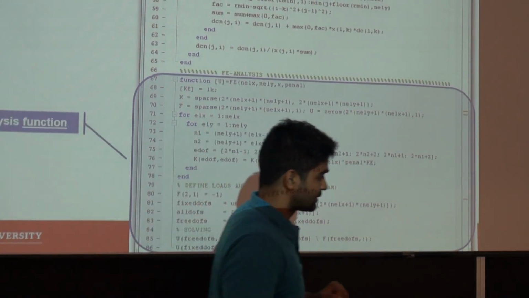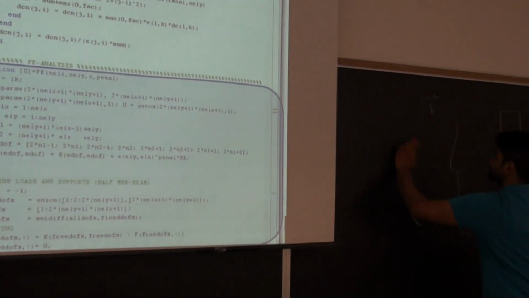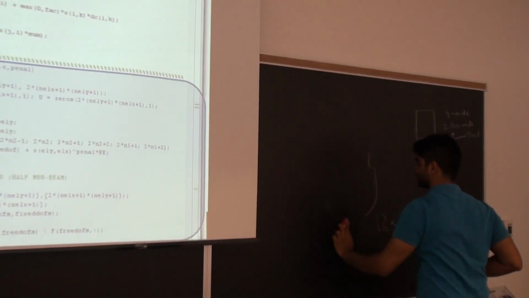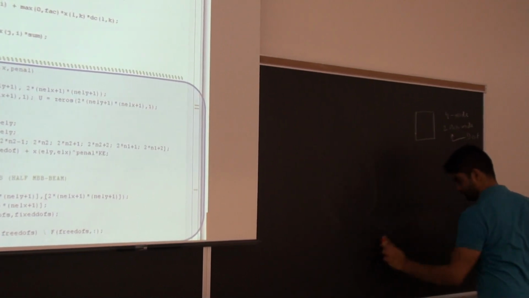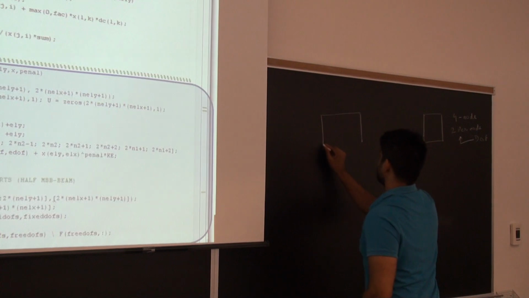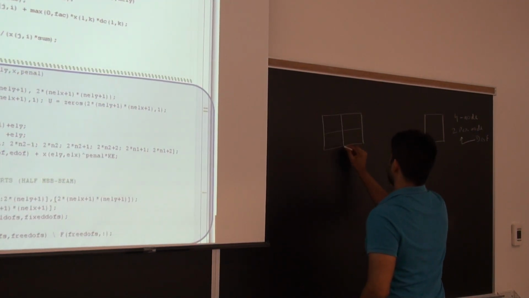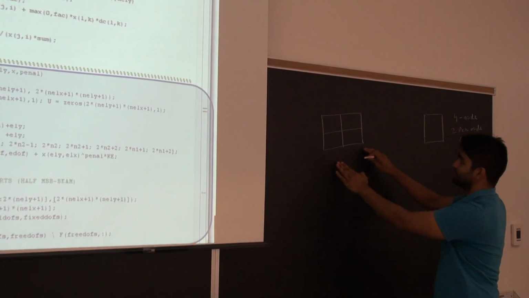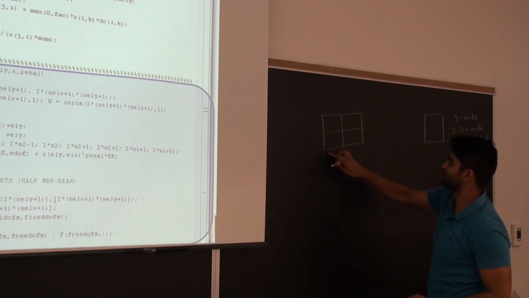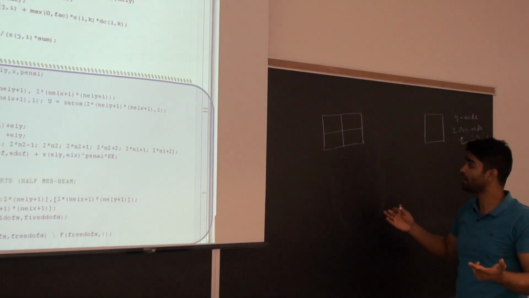So what this means is that if we have something like this, we have 1, 2, 3, 4, 5, 6, 7, 8, 9 nodes, which means 18 degrees of freedom.